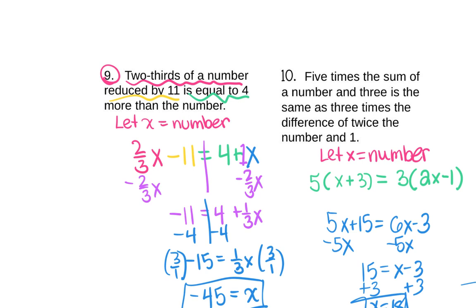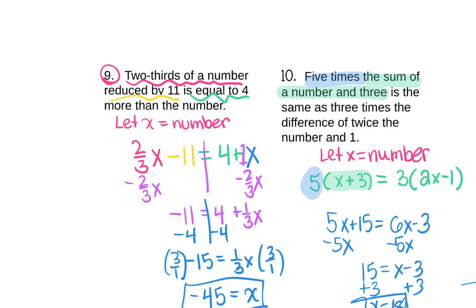Okay, so here is this problem broken down. 5 times the sum of a number and 3. So the first thing here, the sum of a number and 3 is right here, and then we're going to do 5 times that. So we had to put this in parentheses.